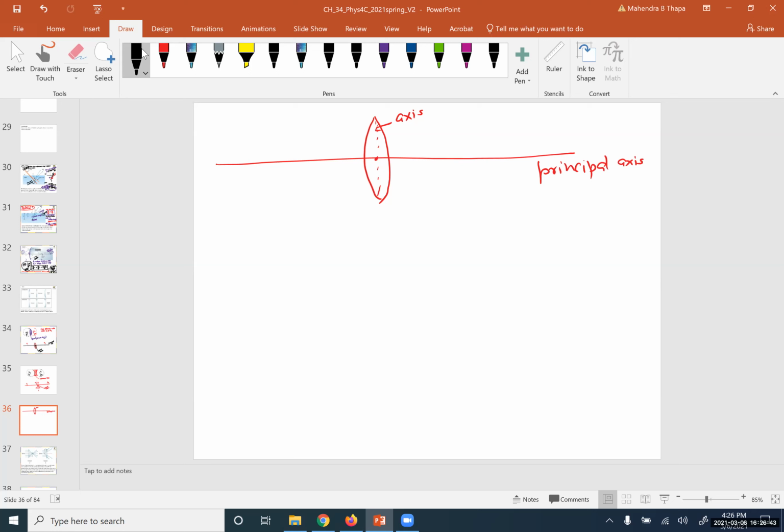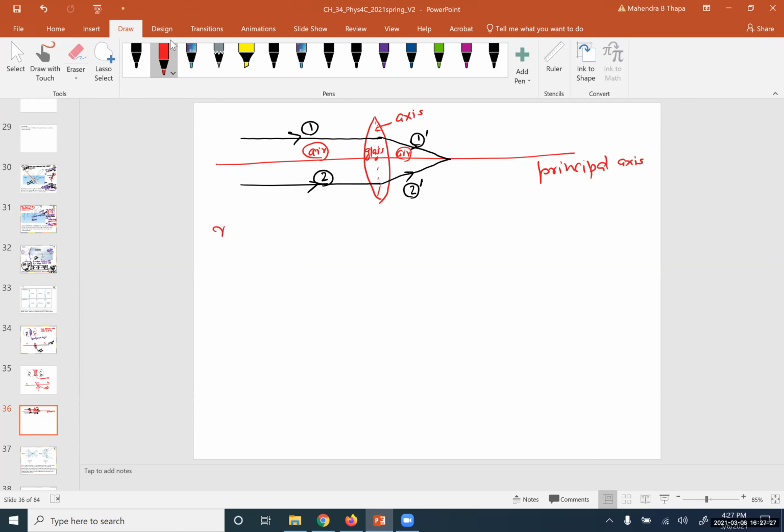Any ray parallel to the principal axis, after refraction, will meet at a point. 1 and 2 are incident rays, and 1 prime and 2 prime are the emergent rays. Light travels from air, to glass, again in air. So here refraction happens two times.